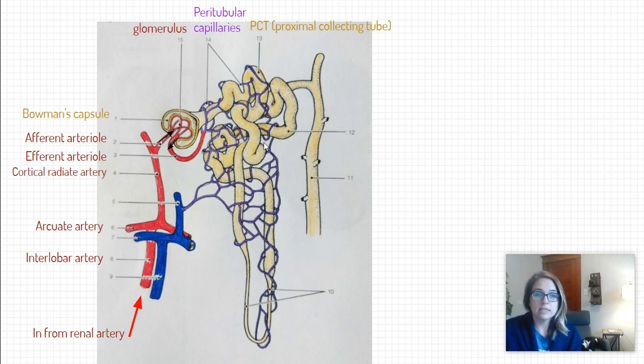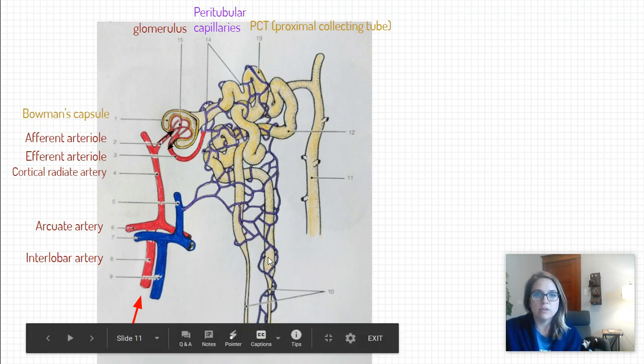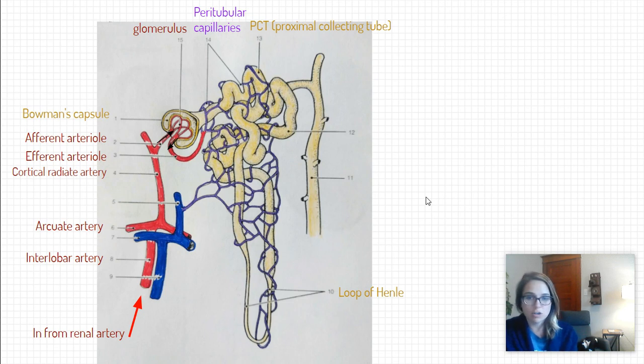In this tube, the reason it's yellow is this is where urine is starting to be formed through a bunch of processes we'll get through. It travels down and circles around. This is called the loop of Henle, named after the gentleman that discovered it. From there, the tube wraps around more, and because this is further from our Bowman's capsule, this is called the distal tube, or DCT.